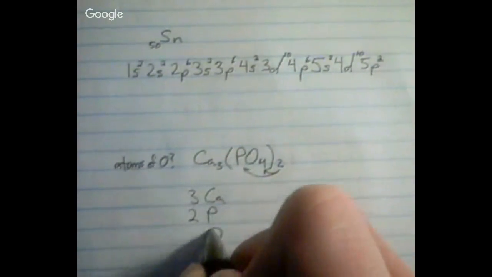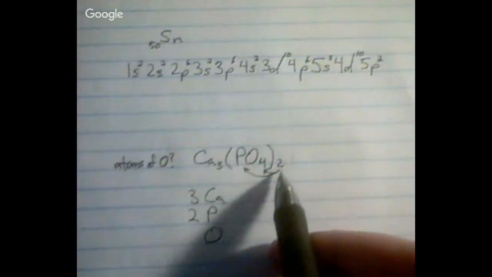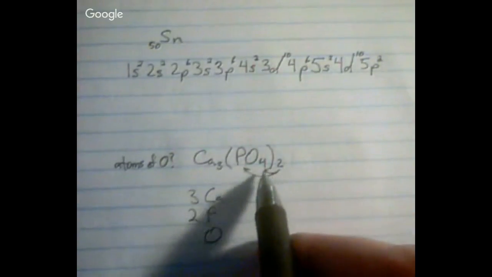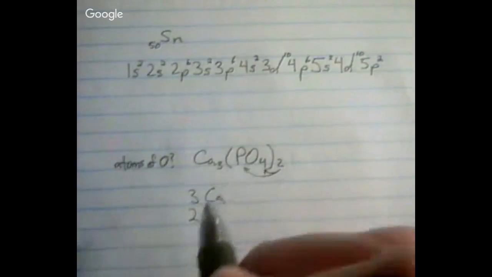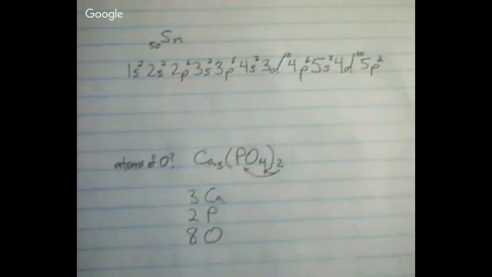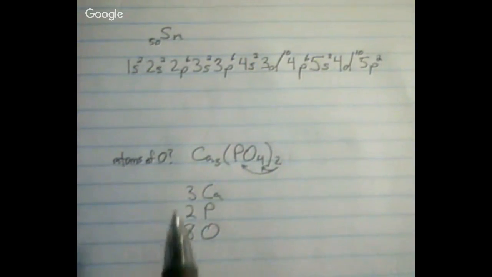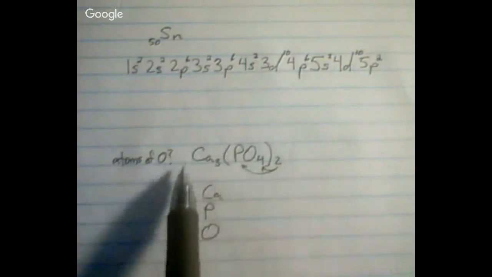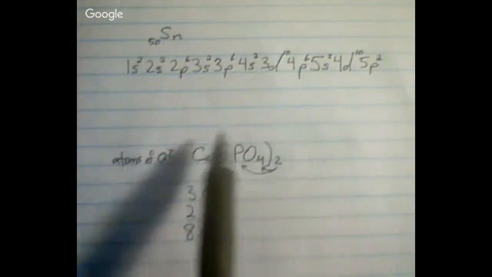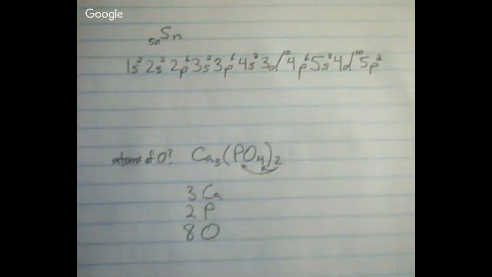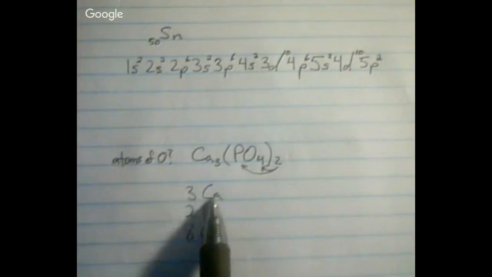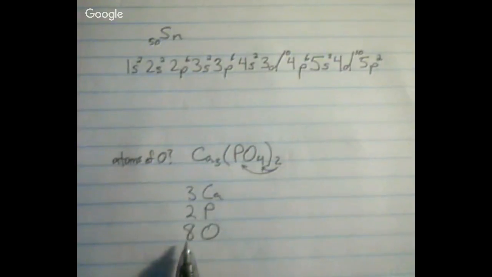And then for oxygen, which is what the question's asking about, we're going to have 2 times 4 oxygens. We have 8 oxygens. Okay. If I just had 1 formula unit, one of the most basic units of calcium phosphate, at the very least, I have 3 calciums, 2 phosphoruses, and 8 oxygens.